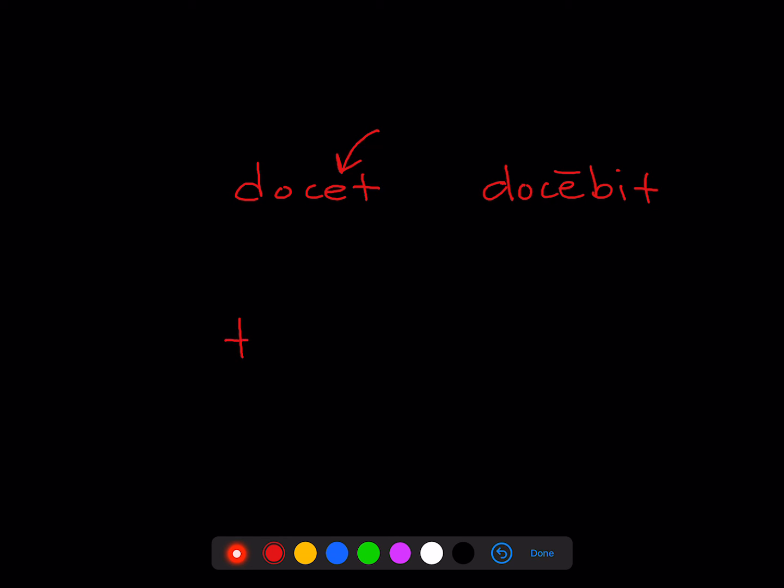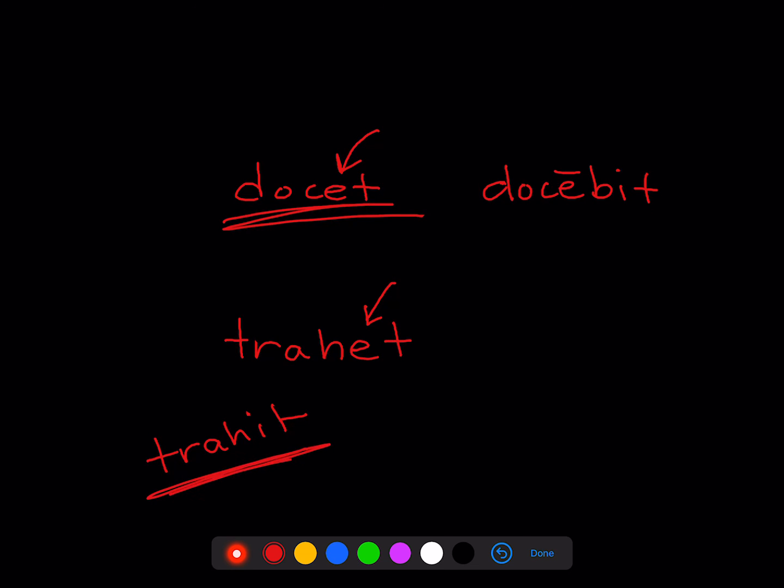But if I give you trahet, that's a third conjugation verb. So that E means future. And the present would actually be trahit. So docet is present, trahit is present, but docebit and trahet are future.